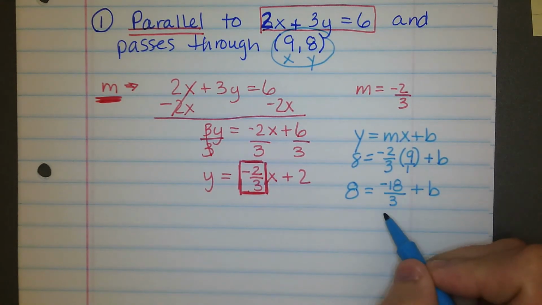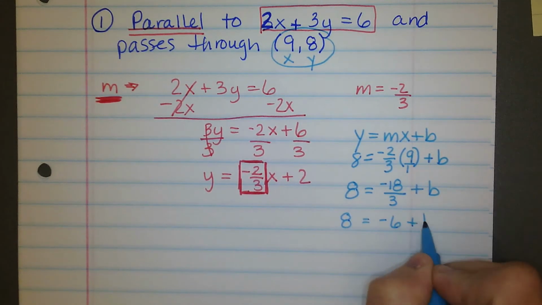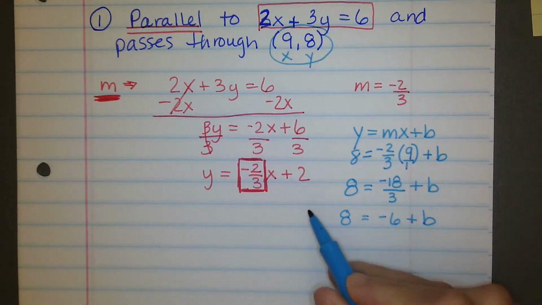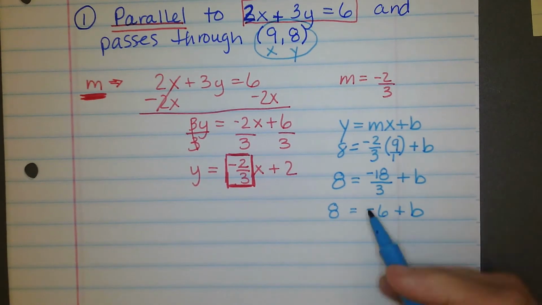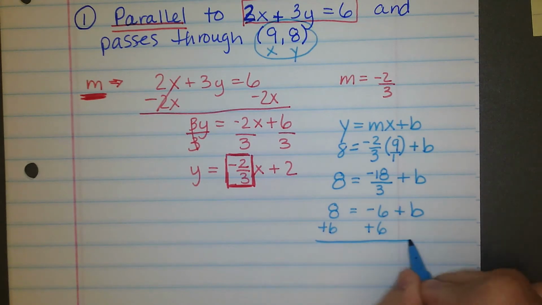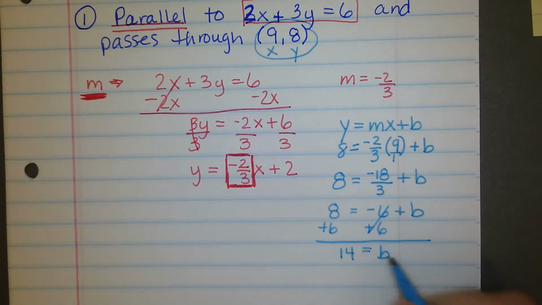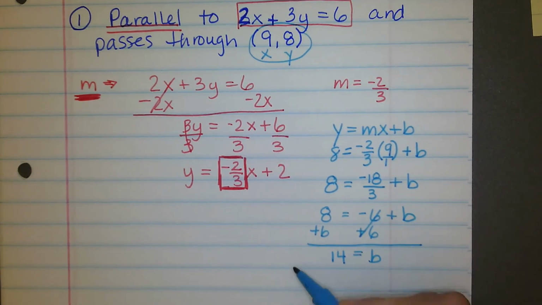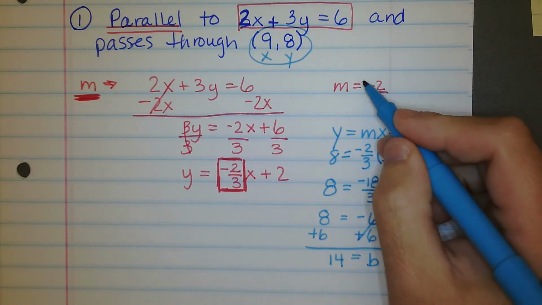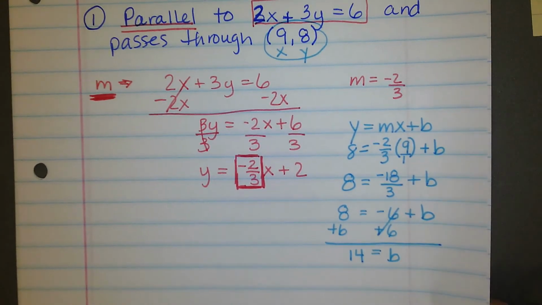Can this reduce? Absolutely. This is 8 equals negative 6 plus b. And then I'm going to add 6 to the other side to get b alone. B equals 14. So now I have my m, I have my b, and I'm ready to write my final equation.